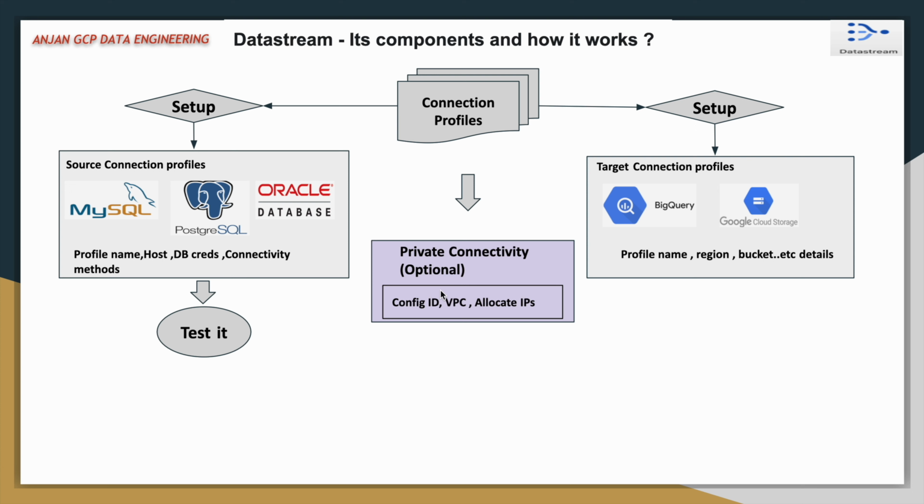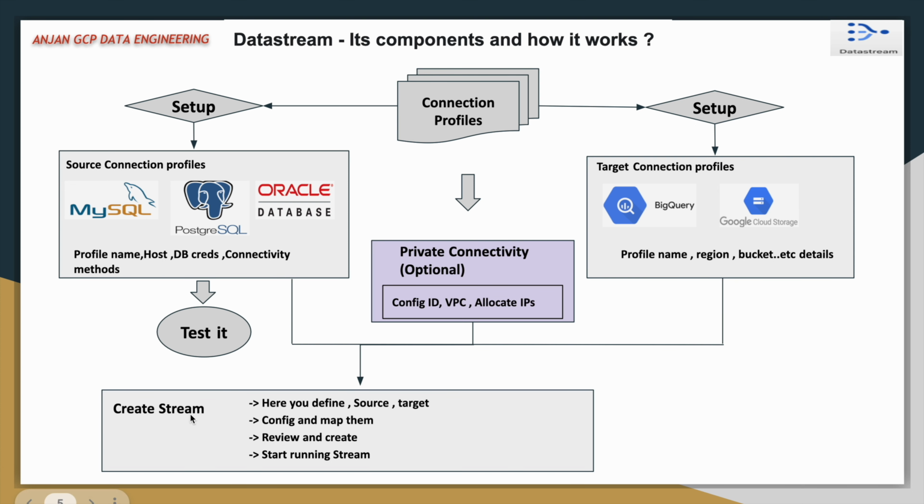The next one is creating the stream itself. Here you define the source and target systems and the mapping between them, set up the connections and the other details, and then review and create the stream. Once you see a successful connection with the source databases, you start running the stream.